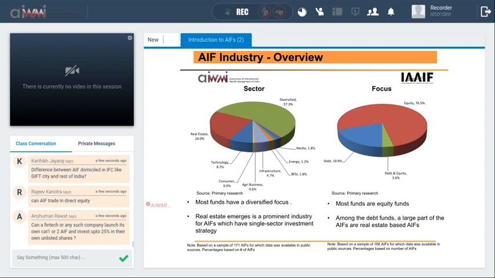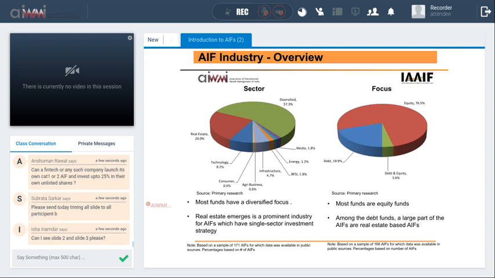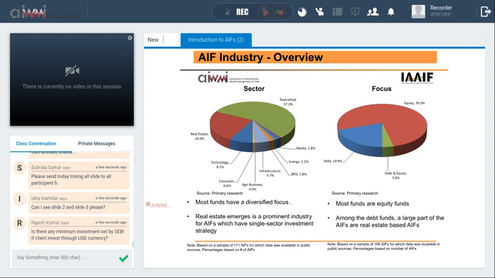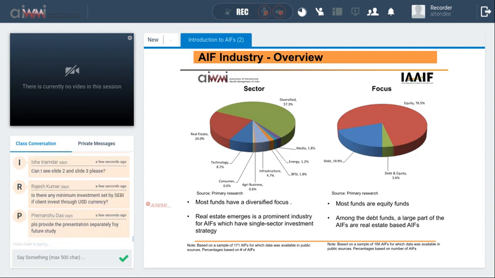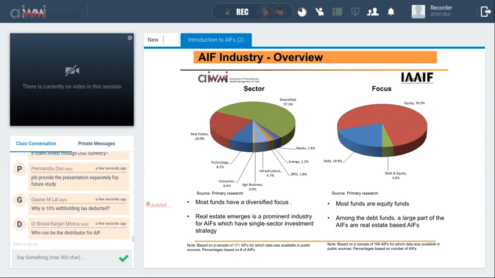It all depends on where the category 3 AIF is investing and what kind of income it is earning. So it's immaterial that it's a category 3 AIF. What is important is the structure. It's a trust structure, so taxation will be as per the trust, and within that trust, the applicability of the different tax rates will be as per the different income streams which they earn.